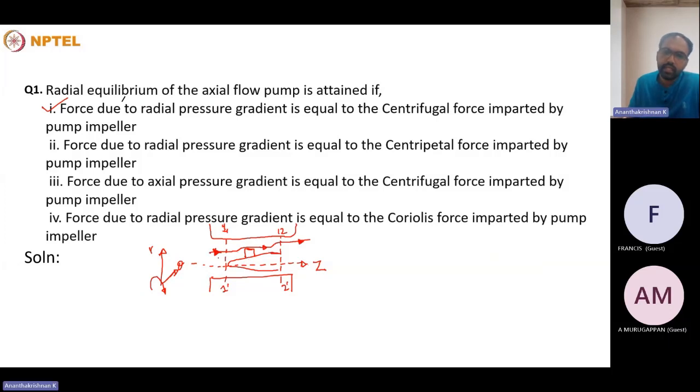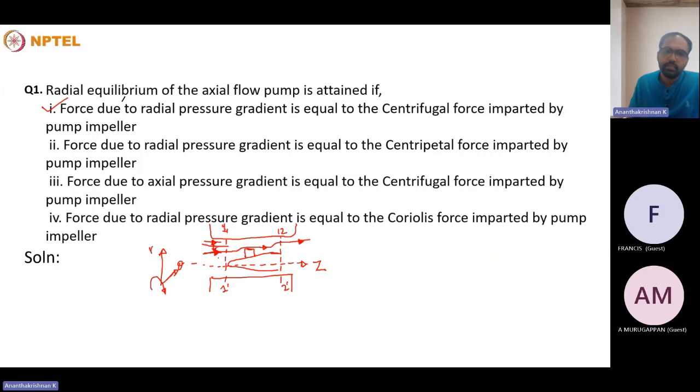But outside the control volume, there will be an equilibrium in the forces, because the streamlines will be parallel to each other. That means that the pressure gradient across this will be satisfied by the centrifugal force imparted by the pump impeller.